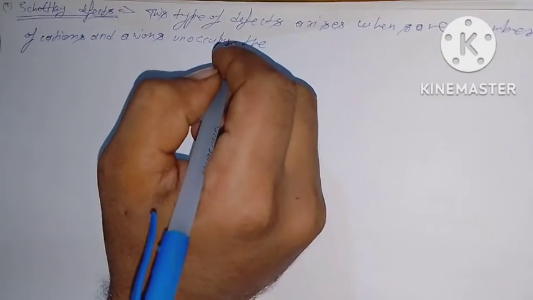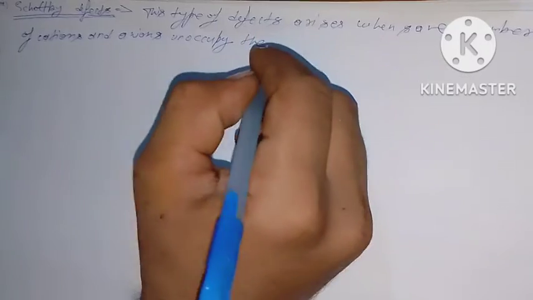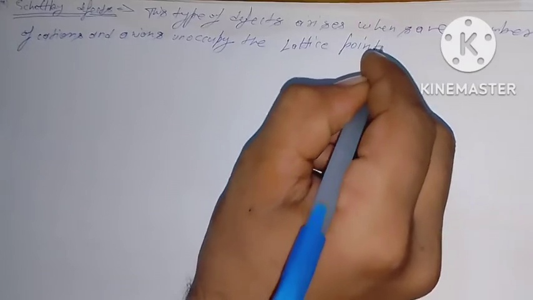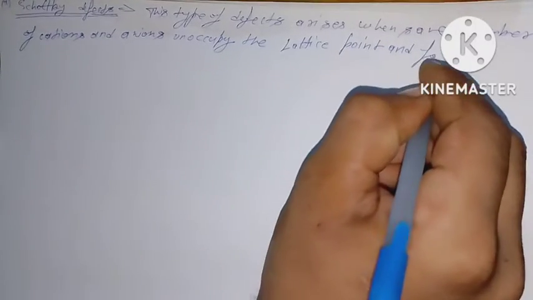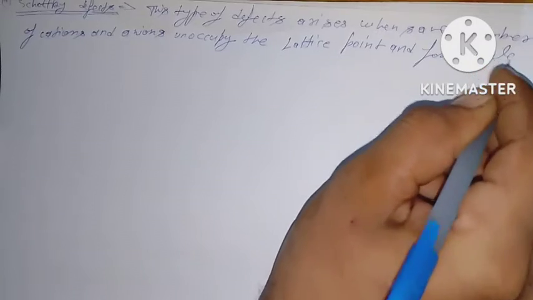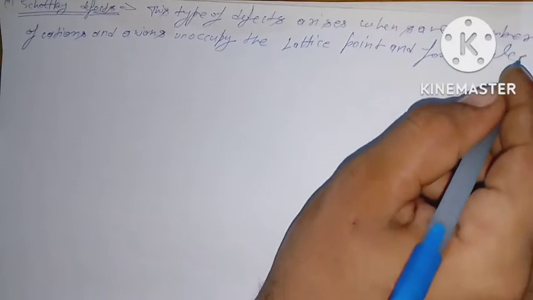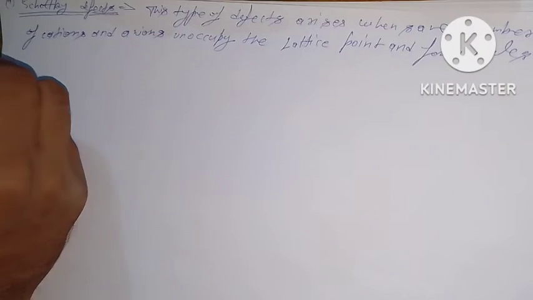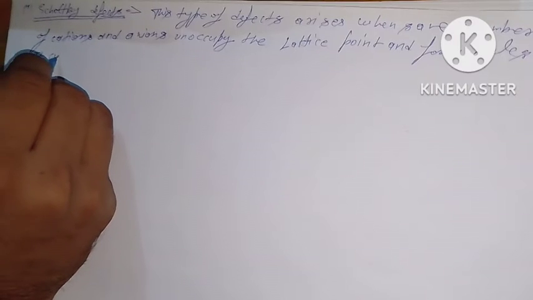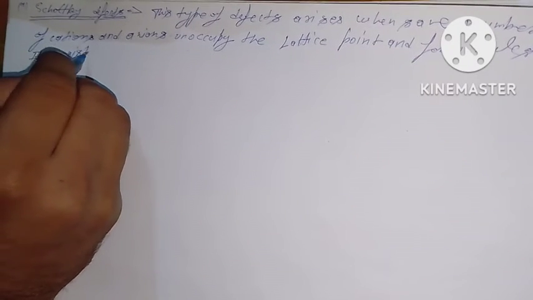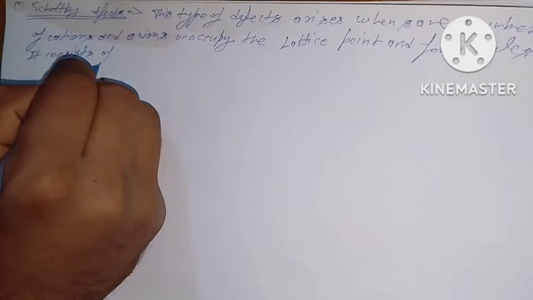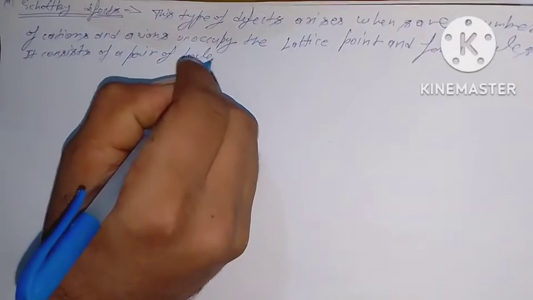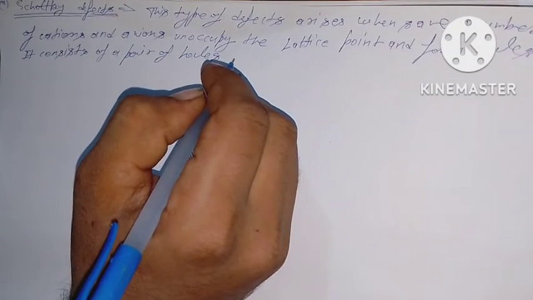The same number of cations and anions leave the lattice points and form holes. It consists of a pair of holes in the crystal lattice.